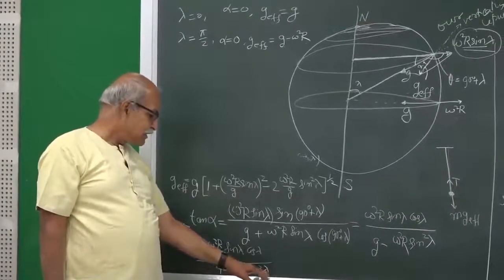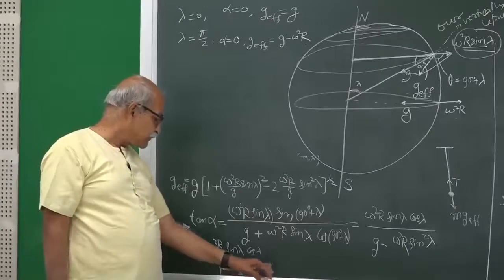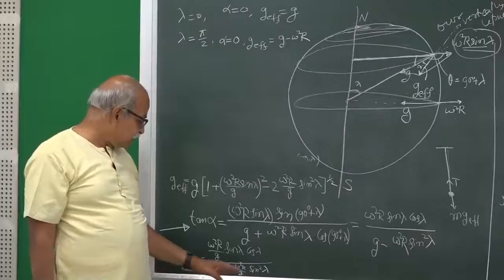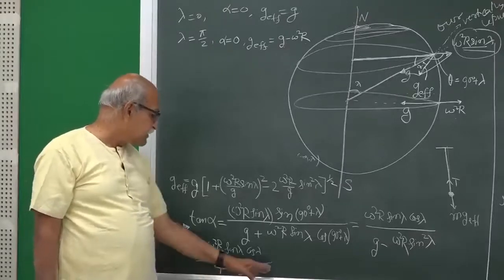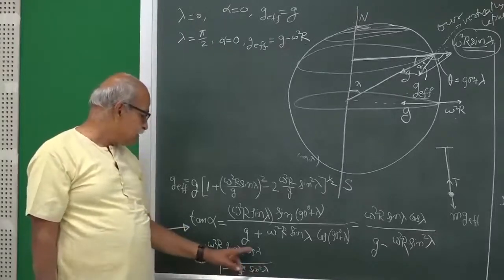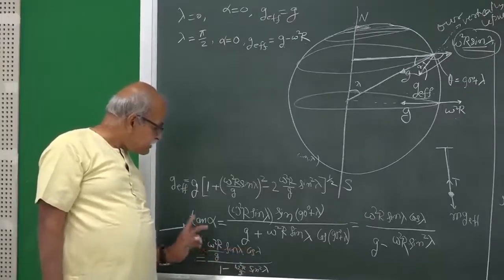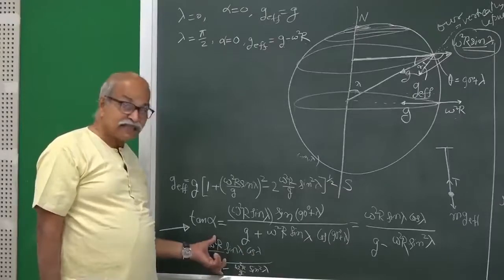If lambda is pi by 2, this is 1, otherwise it changes, so the denominator will not make much of a difference as lambda varies. But this thing you can say is sin lambda and cos lambda, and you can find at which lambda this is maximum.